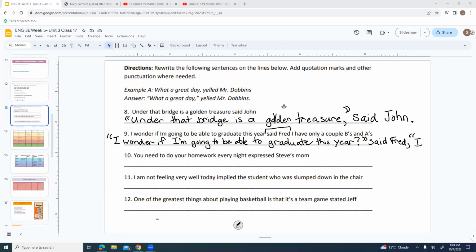"I only have a couple of B's and A's." Okay. So I'm going to put a period here now because it's the end of the sentence. So it's doing double duty. It's the end of him talking and it's the end of our sentence. So it doesn't need a second period outside that. The 1 period inside the quotation marks is plenty, and then we're doing good.